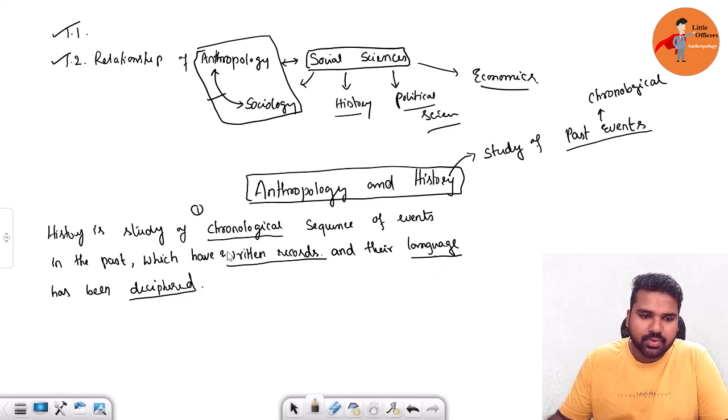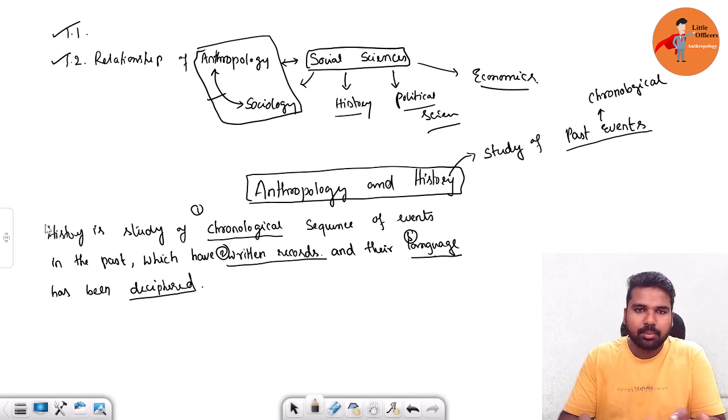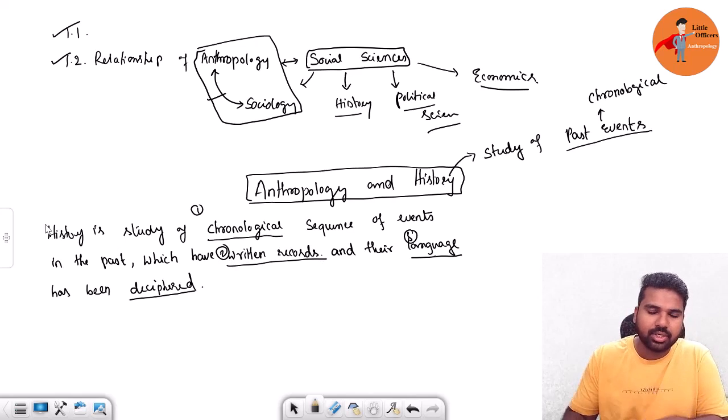Do not write them as 1, 2, 3, but underline them in your notes.